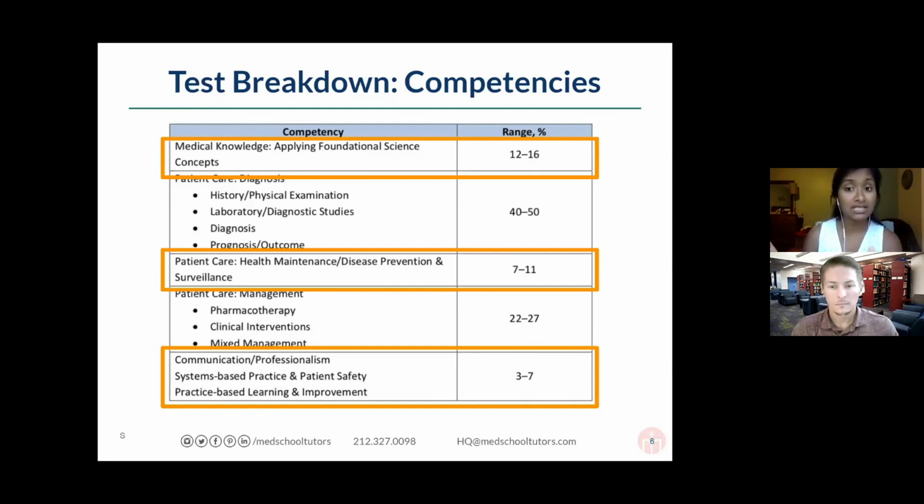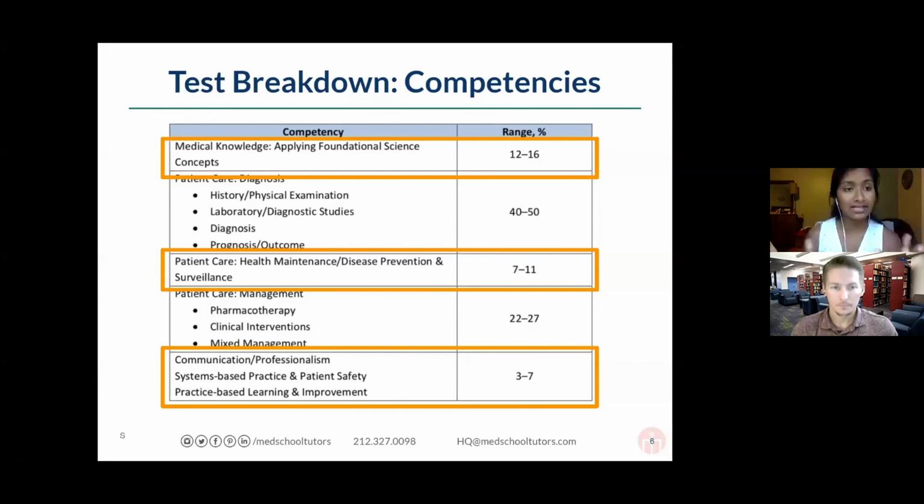So not to be taken lightly and not to be ignored, because some of those bigger topics can be a little easier to overlook in your studying and preparation. And then of course, these are the other 2 big areas which we focus on, where most of our studying goes: the actual diagnosis and management. So that will be your classic patient comes in with epigastric pain radiating to the back, right?